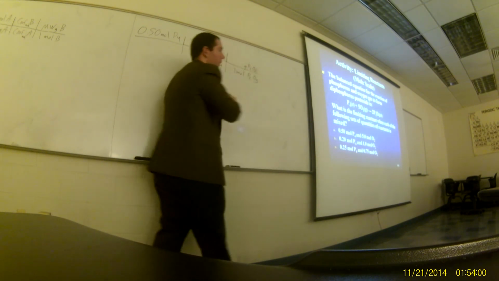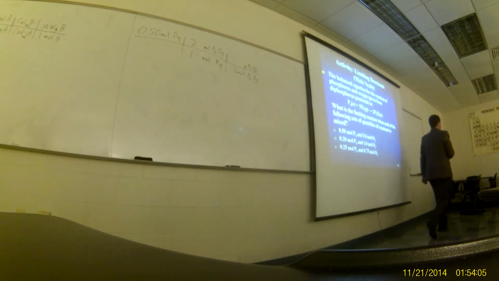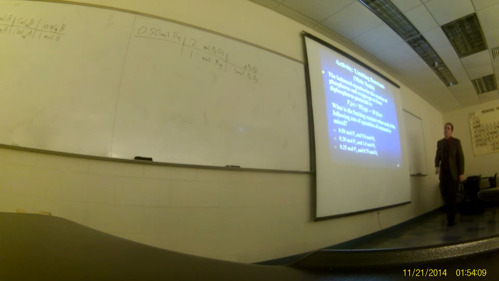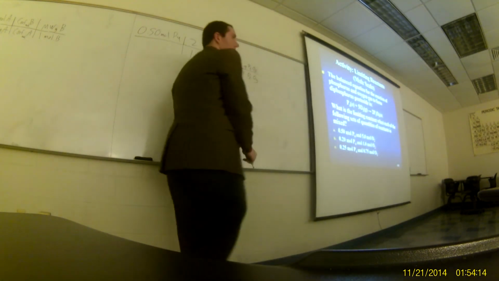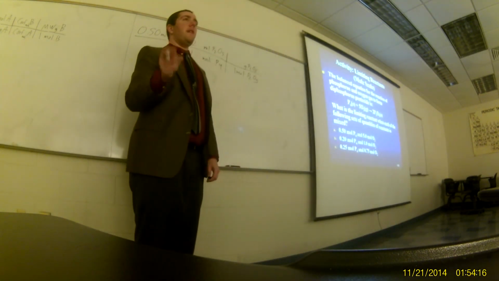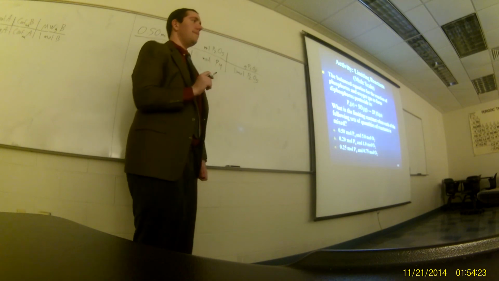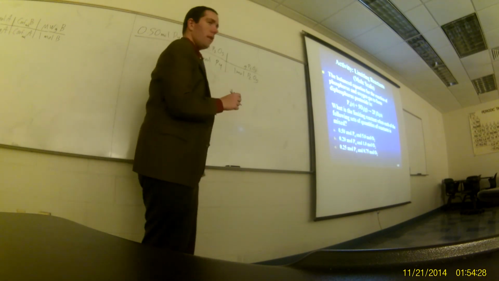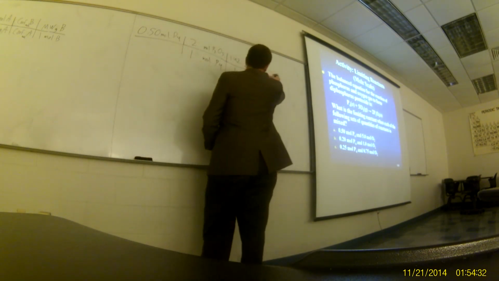What's the mass of P2O5? Phosphorus is 31. So 62 plus 16 times 5, which is 142.